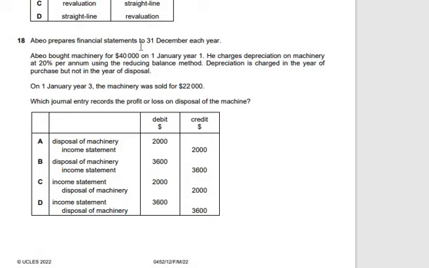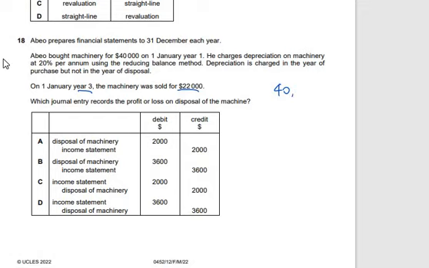This information is very important: in the year of disposal, no depreciation. Now, on 1st January year 3, the machinery was sold for 22,000. So in year 3, you have to look at the depreciation for year 1 and year 2 only. They ask which journal entry recorded the profit or loss on disposal.